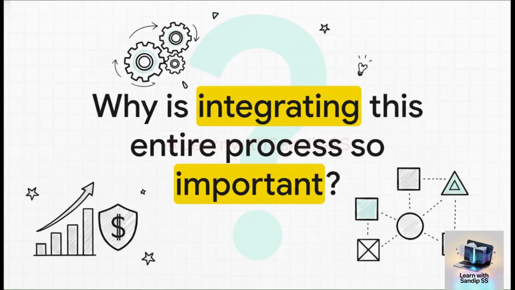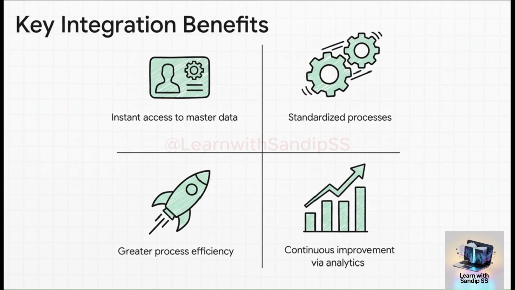Okay, so this all sounds good, but it leads to a really important question. Why? Why go to all the trouble of integrating everything? What's the payoff? What are the real tangible benefits for a business? Oh, the benefits are huge. For starters, everyone in the company gets instant access to the same master data. You know, your critical customer and product info. So no more typos or out-of-date information floating around.